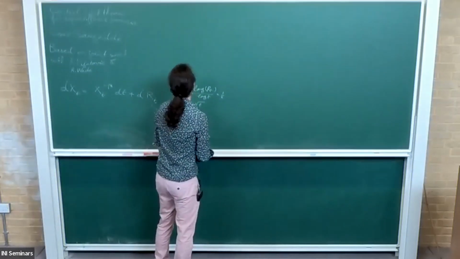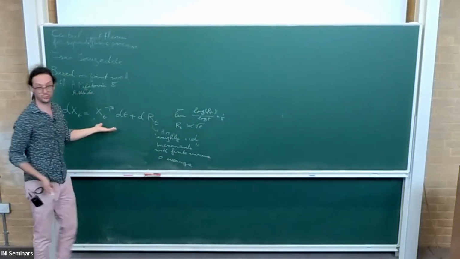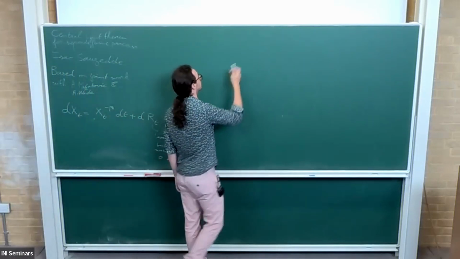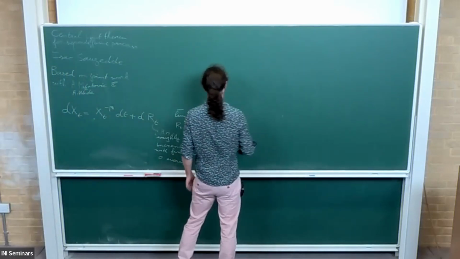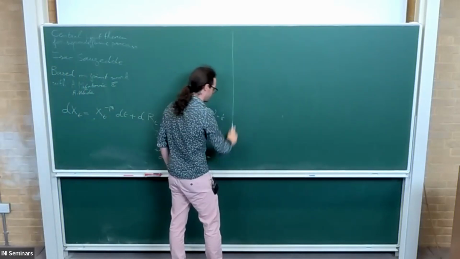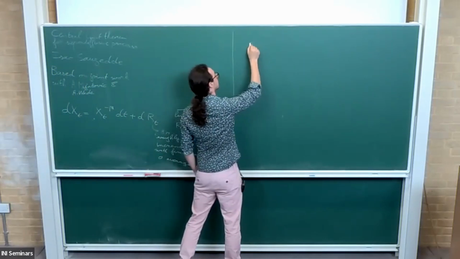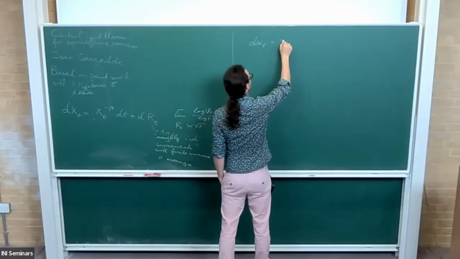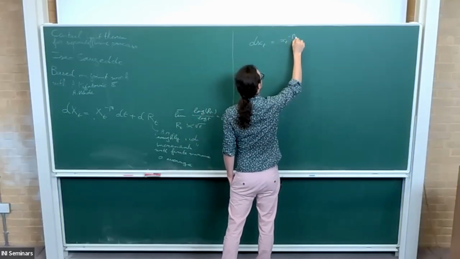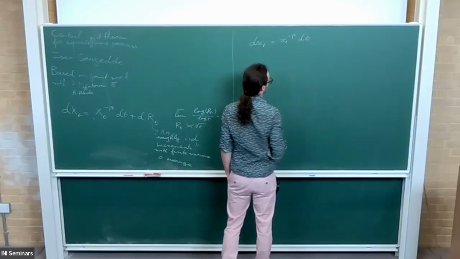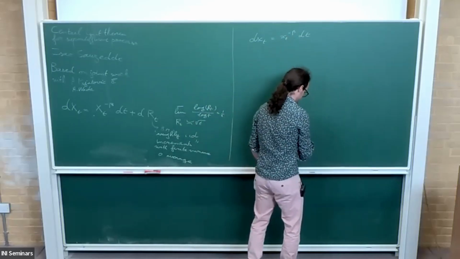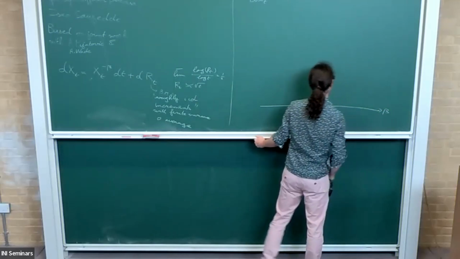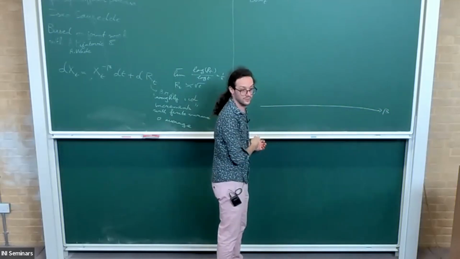Okay. So the first thing we can do is to look at the equation without noise. And already we can see that there is some interesting behavior and some kind of phase transition depending on the value of beta. If we look at dXt equals Xt to the minus beta dt, we can solve that very explicitly.